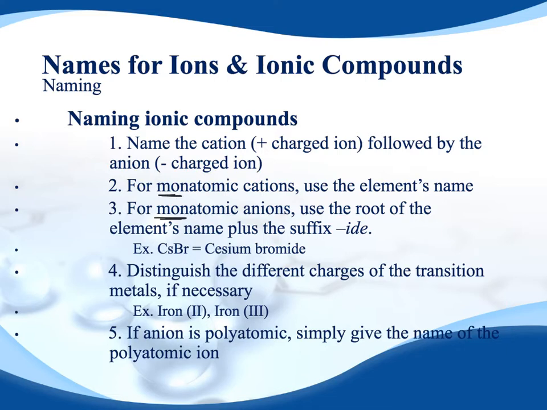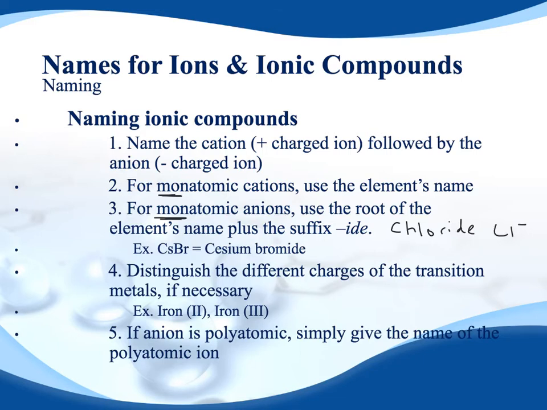If you have a monatomic anion, you take the root of the nonmetal. Let's say it's chlorine, Cl. The root is chlor, and instead of ending in -ine, it ends in -ide: chloride. That would be a Cl -1 charge.